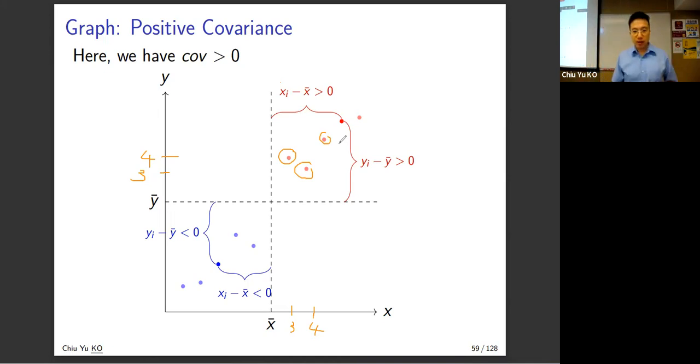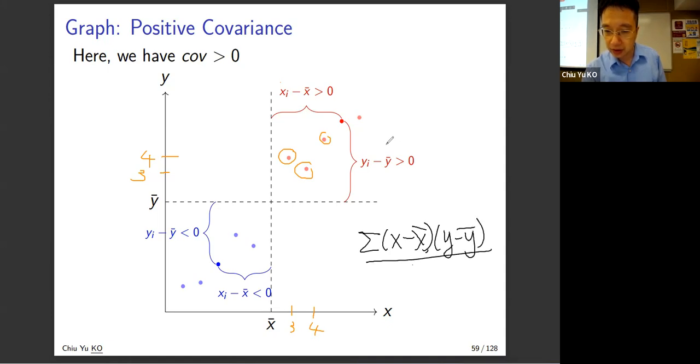Now let's look at the covariance formula. In case you don't recall, the formula is like this: X minus X bar and Y minus Y bar, divided by N. What is this formula measuring? Variance is about the distance from the mean.